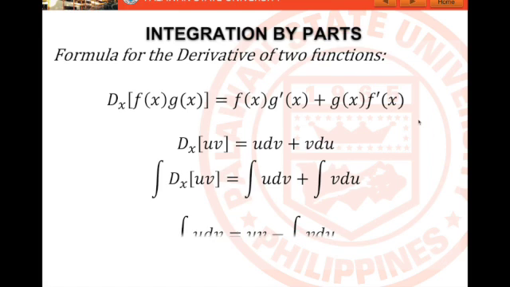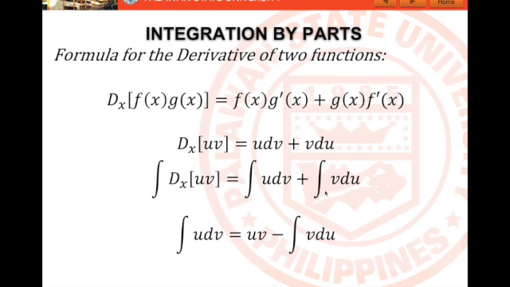So let's actually operate on this. Let me rearrange it here. The derivative of the integral of a derivative will just cancel out, right? So you have u times v, and that would be equal to the integral of u dv plus v du.